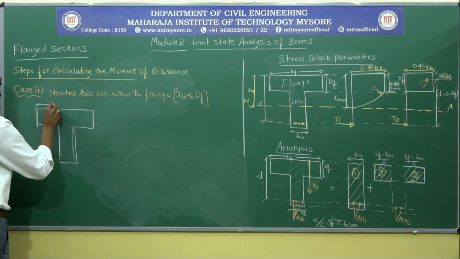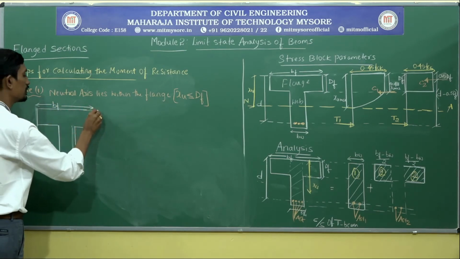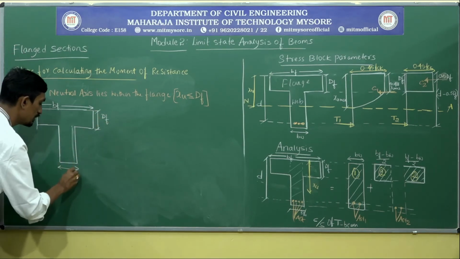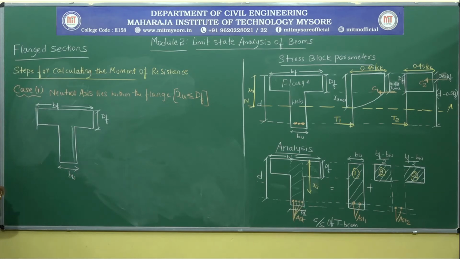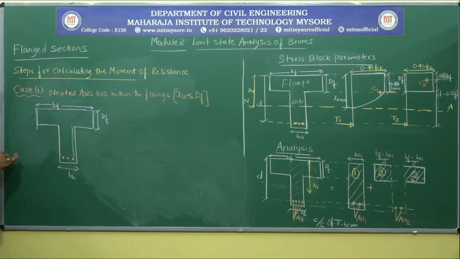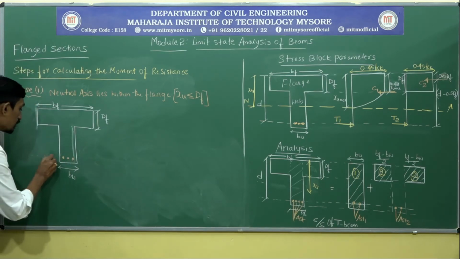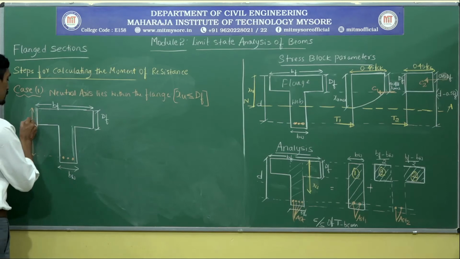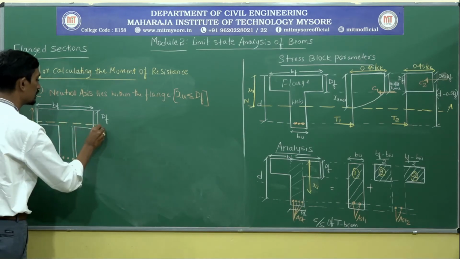This will be your width of the flange, this will be your depth of the flange, this will be your BW, and the next, let me provide 3 numbers of steel, and let me call this effective depth D. And the very important thing is XU, and this XU is lying somewhere here.